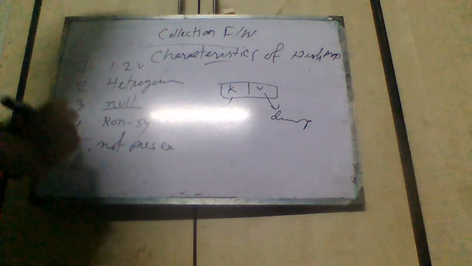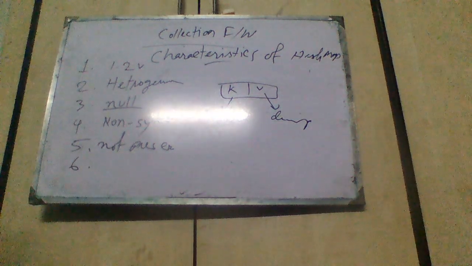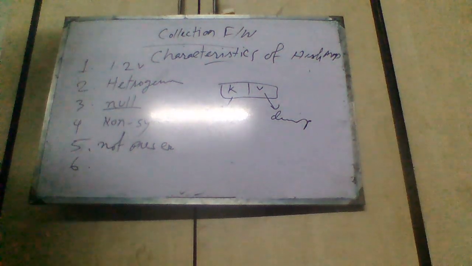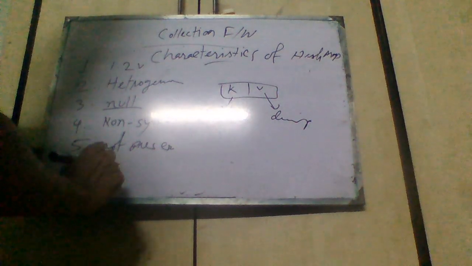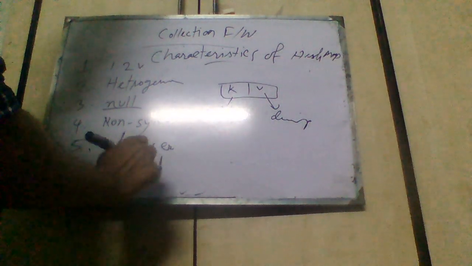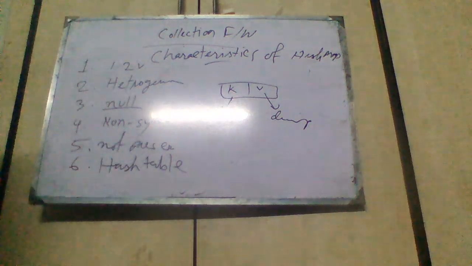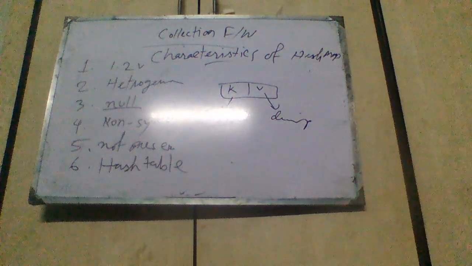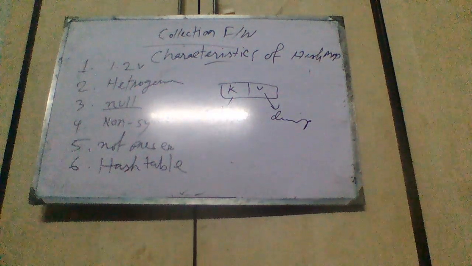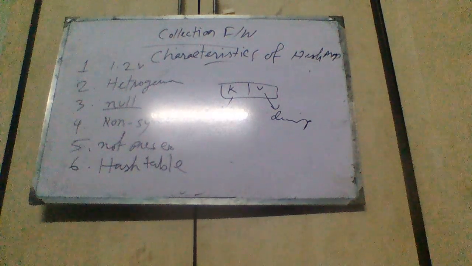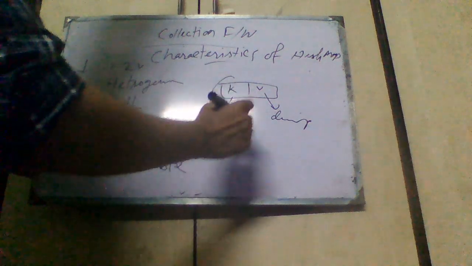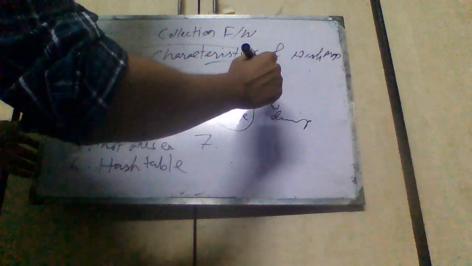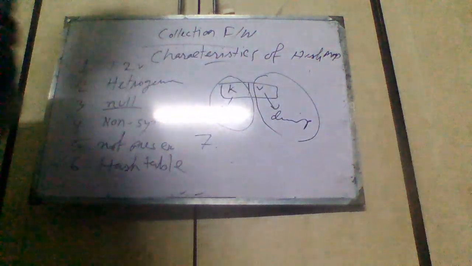Number six: the underlying data structure is a hash table. Number seven: keys must be unique and values can be duplicate.